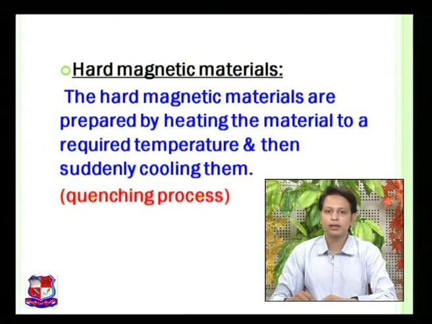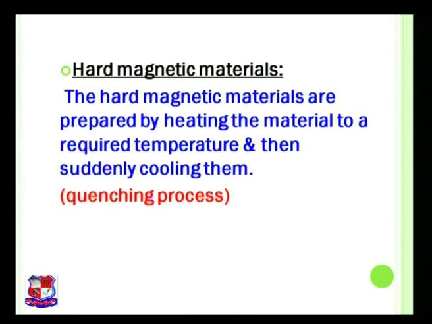The atoms of that material at higher temperature will not get time to easily settle down by sudden cooling. So this is how hard magnetic materials are made, by the quenching process.